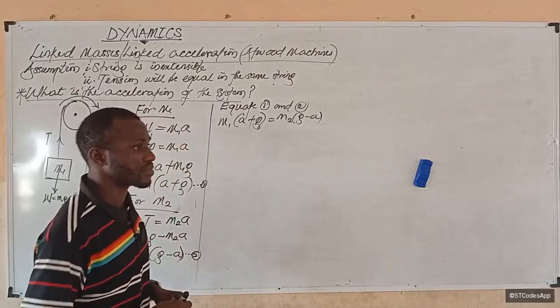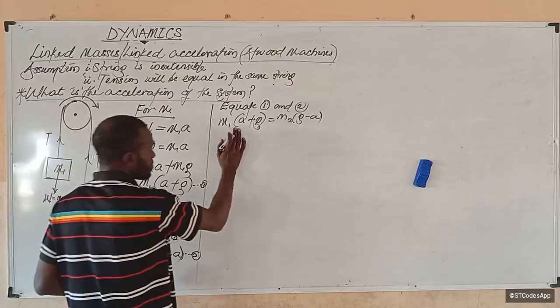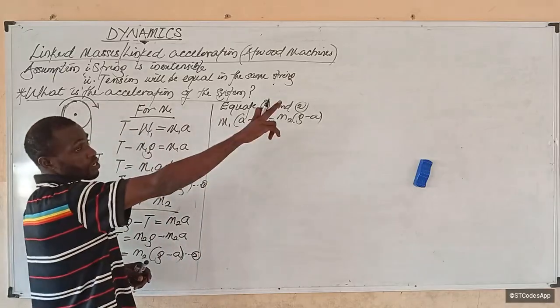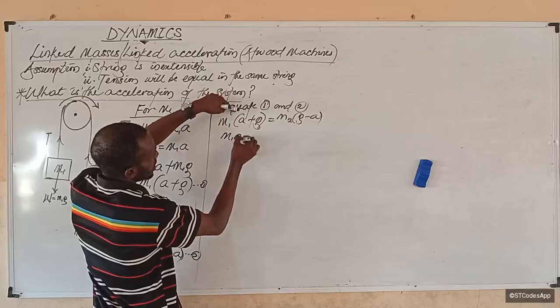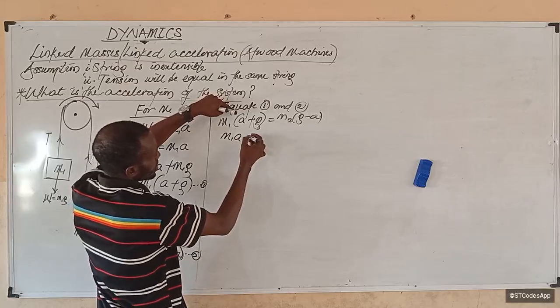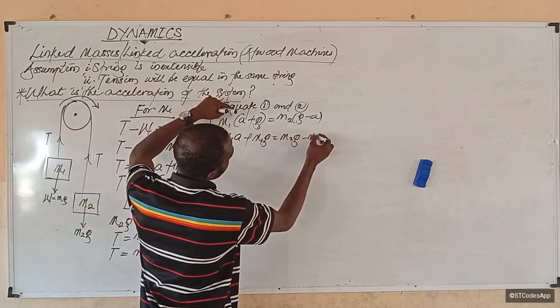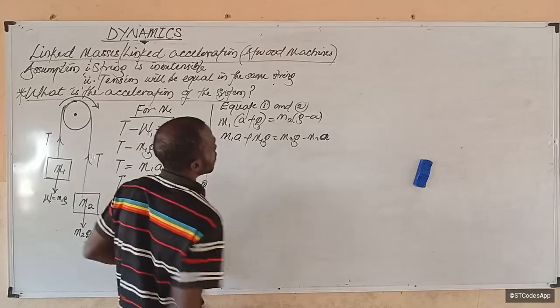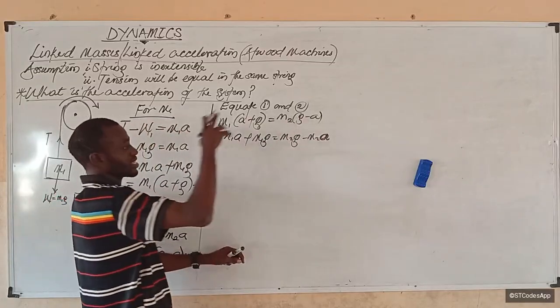Is that clear? So now, here, we want to derive an expression for acceleration. Since it's an expression for acceleration we need, we can write this as M1A. Let's open the bracket. M1A plus M1G is equal to M2G minus M2A. Now, why we open the bracket again is that I want to collect all the accelerations to one side.